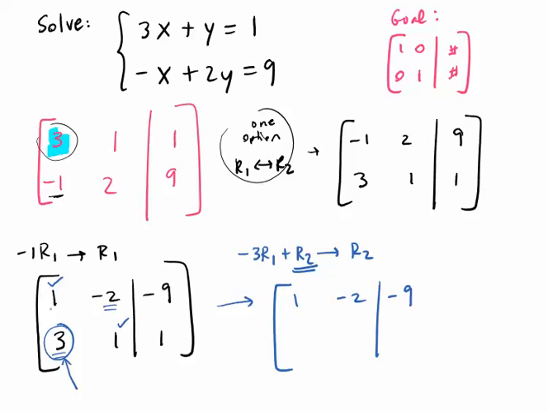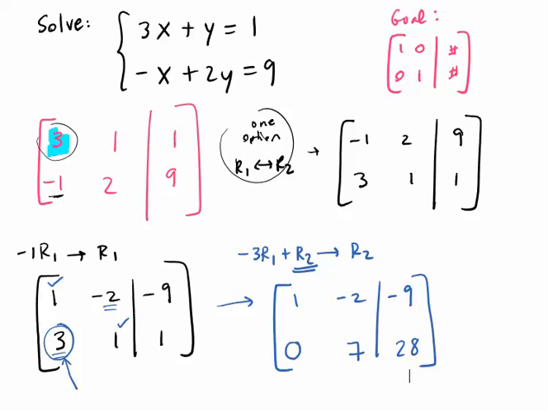So 1 times -3 is -3, being added to that element 3 makes 0. -2 times negative 3 is positive 6. 6 added to 1 is 7. Negative 9 times negative 3 is positive 27, added to 1 is 28.